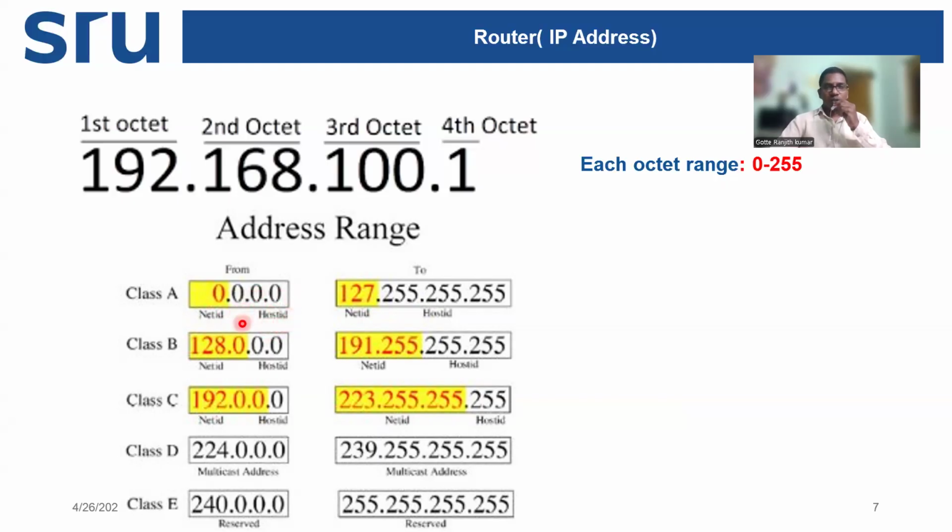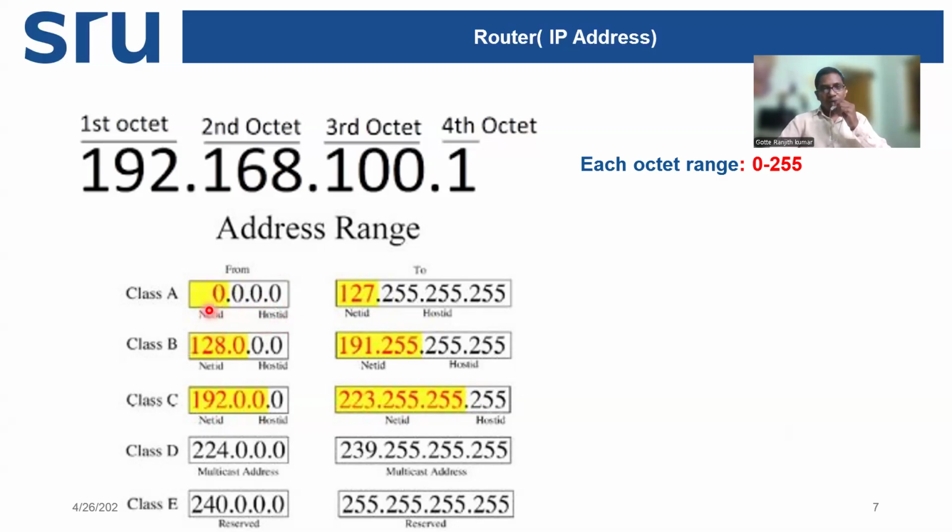Host ID means the systems, so this many systems can be addressed. This is 8 bits, 8 bits, 8 bits, so a total of 24 bits, and 2 power 24 systems can be addressed in one network. So the first byte represents the network address, and the remaining 3 bytes represent the host address.